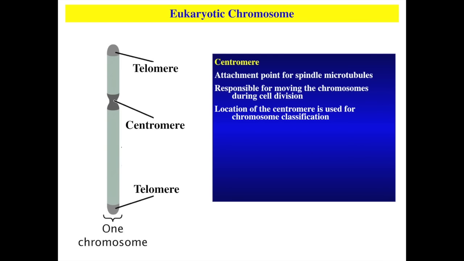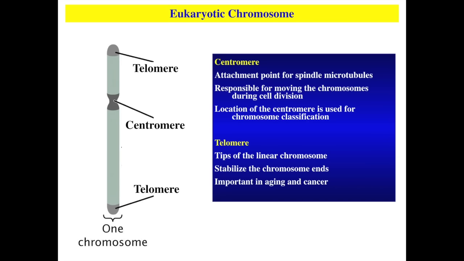The location of the centromere is also used for chromosome classification because the centromere position along the chromosome changes based upon the chromosome that you're looking at. The telomeres are at the tips of the linear chromosome, and they stabilize the chromosome ends. And the length of these telomeres is important in aging and in cancer.